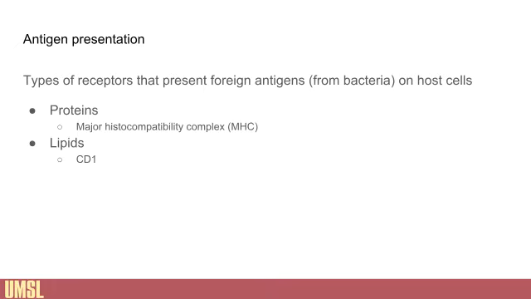which anytime you see CD, when we're talking about our own human cells and saying like the CD1 receptor, what CD is talking about is cell differentiation. So it's a cell differentiation factor.